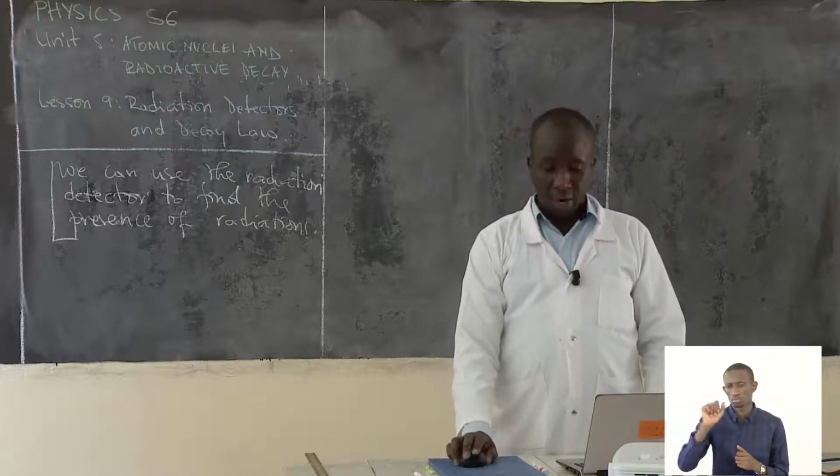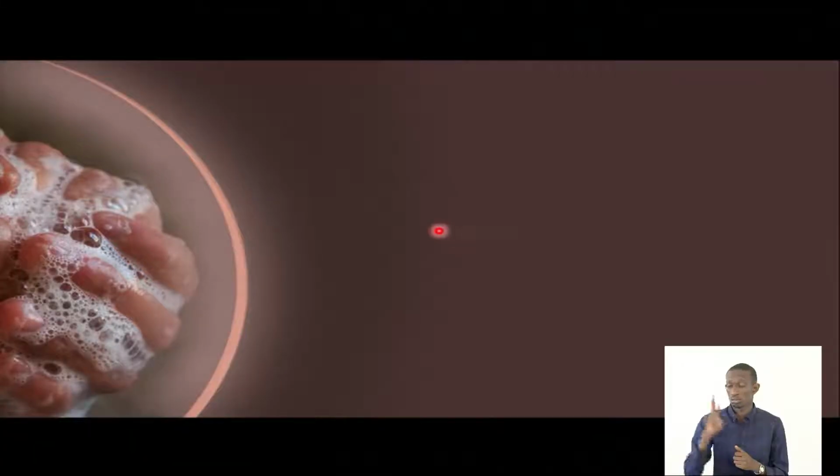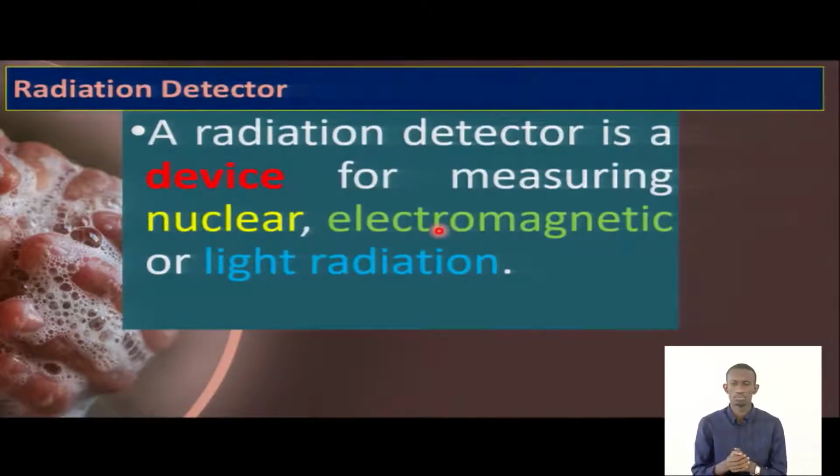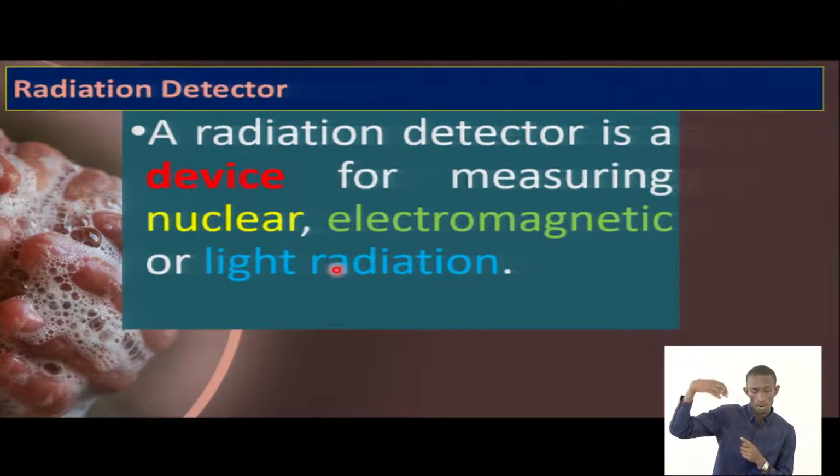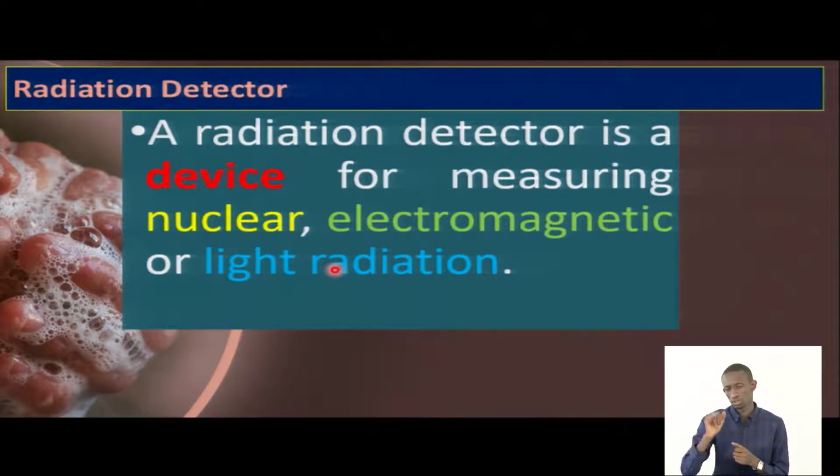That is what we have by this device. So here we have the radiation detector, this is the device here. So for measuring nuclear radiation, for measuring electromagnetic radiation, for measuring light radiation, this is a radiation detector. You have the good definition there now.